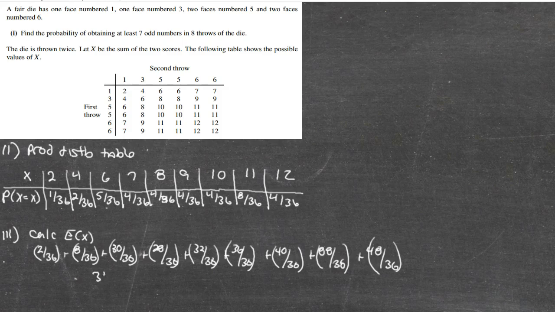And again, you'll notice they all have denominator 36. So really all I got to do is add up the tops, and I get 312 out of 36, or 8.67 is the expected value.